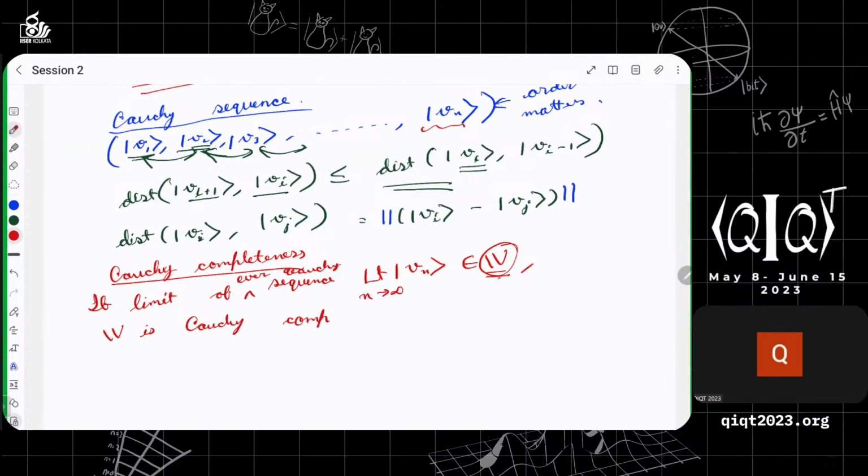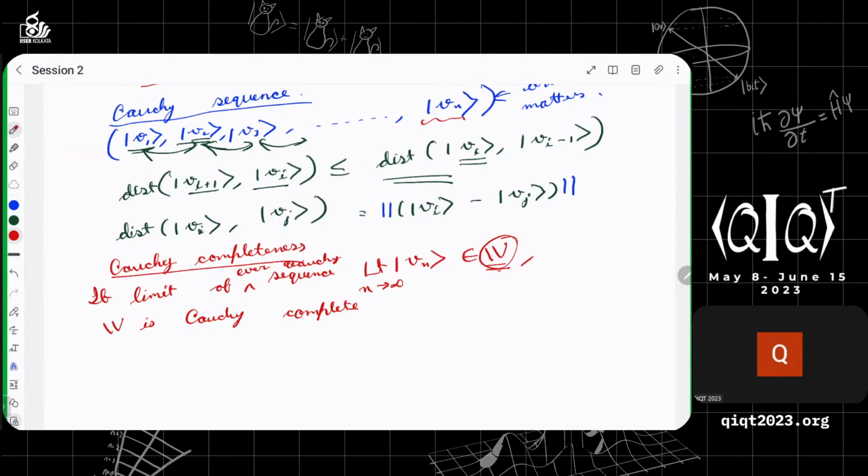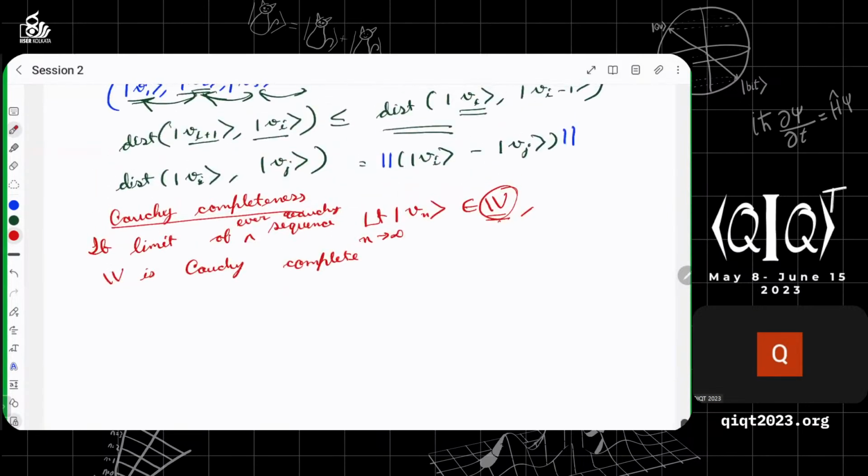Okay, now this seems to be a very abstract definition. So let's look at an example of a vector space, and let's see if it is Cauchy complete or not. I think that will be more useful. So let's take the vector space of the rational numbers over the field of rational numbers.